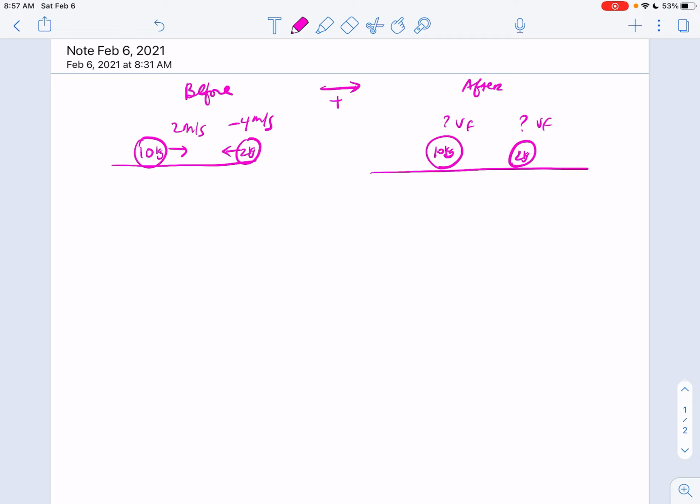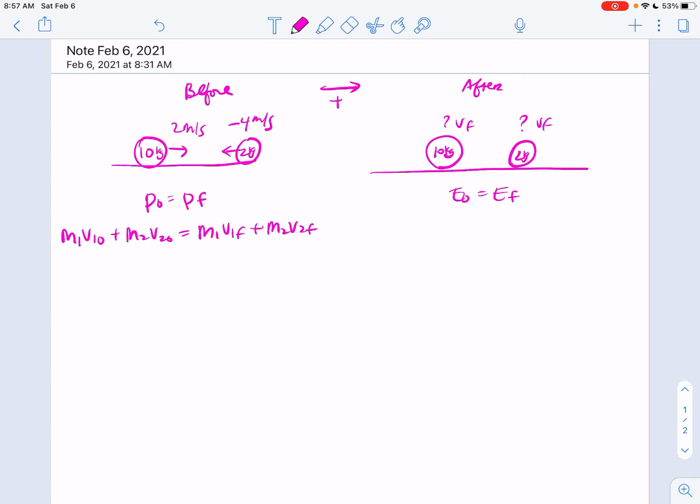So what you're going to do is set up two conservation equations: initial equals final for momentum, and initial equals final for energy. Because it's elastic, we know the initial and final kinetic energies have to be the same. So I'm going to set up M1 V1 initial plus M2 V2 initial equals M1 V1 final plus M2 V2 final.